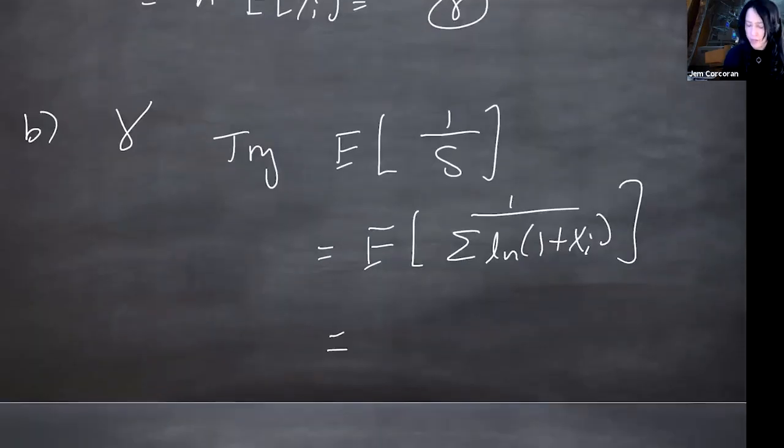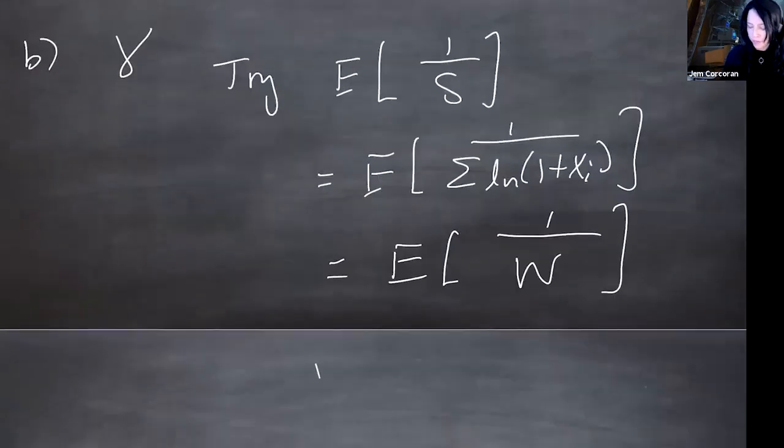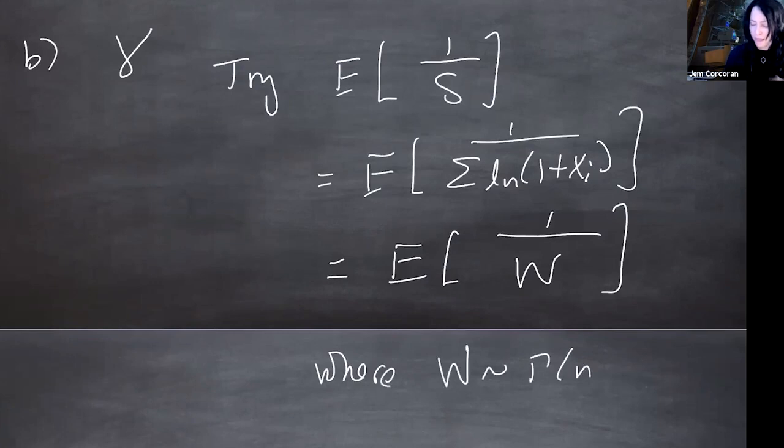So this is the expectation of 1 over a gamma random variable, where this W is gamma with parameters n and lowercase gamma. Okay, so awesome.